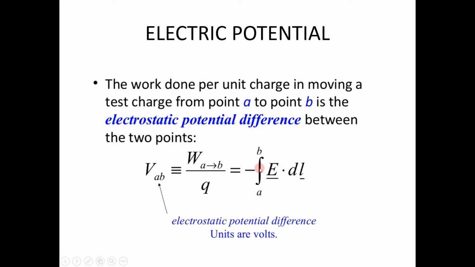So the main equation that we learned here is VAB equals negative integral E dot dl from A to B. So the negative line integral of electric field intensity will give you electric potential. Electric field intensity E is a vector quantity, but electric potential V is a scalar quantity.